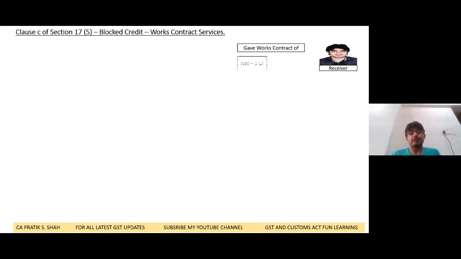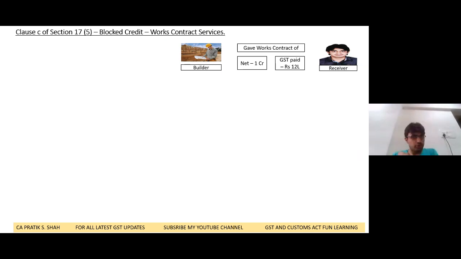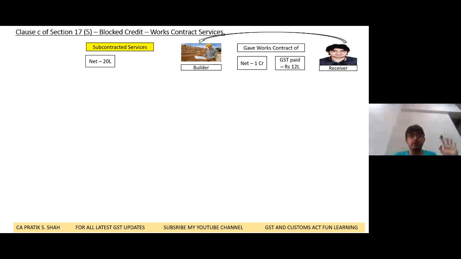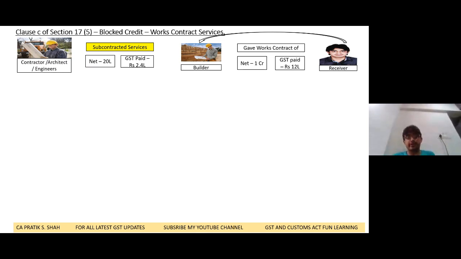Please listen now. Say I'm a receiver. I give a works contract of 1 crore. I paid GST of 12 lakh on it. Agreed. You are going to construct a building for me, but now you are very busy, so you subcontract certain work, say net amount 20 lakh, GST of 2 lakh 40, to another contractor.